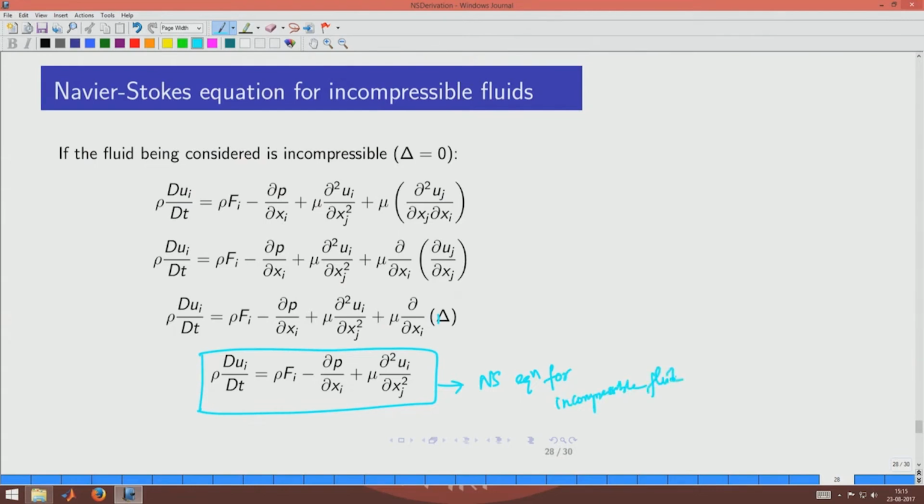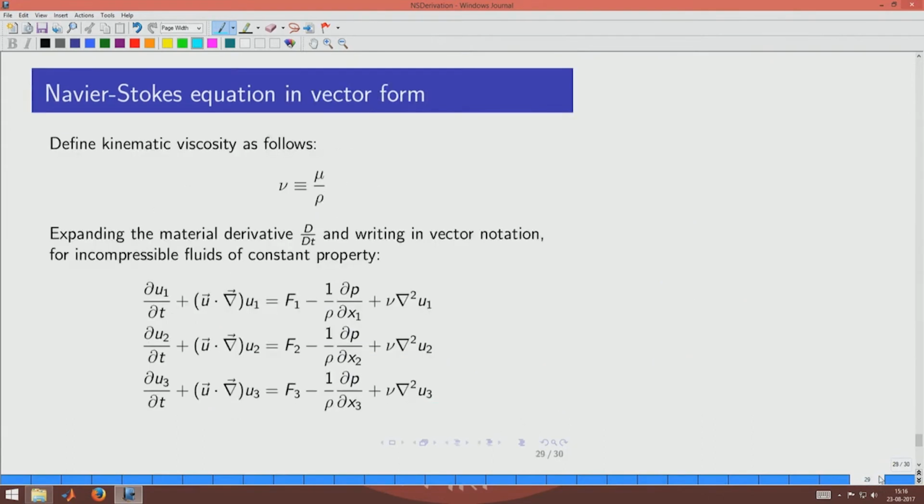This operator dou square by dou xj square is nothing but the Laplacian operator, and this operator is the gradient operator. So, you could now write the Navier-Stokes equation for an incompressible fluid using the vectorial operators as well. That is what we do here.